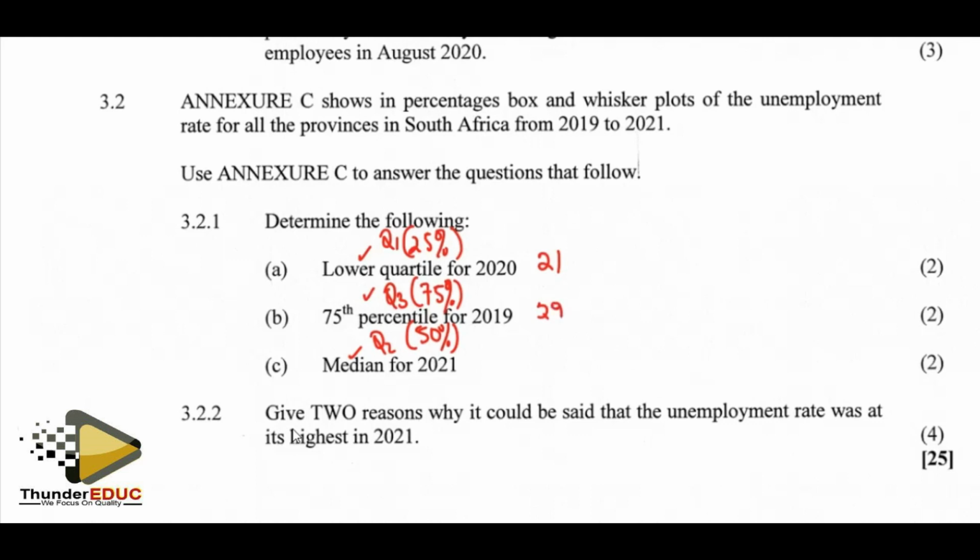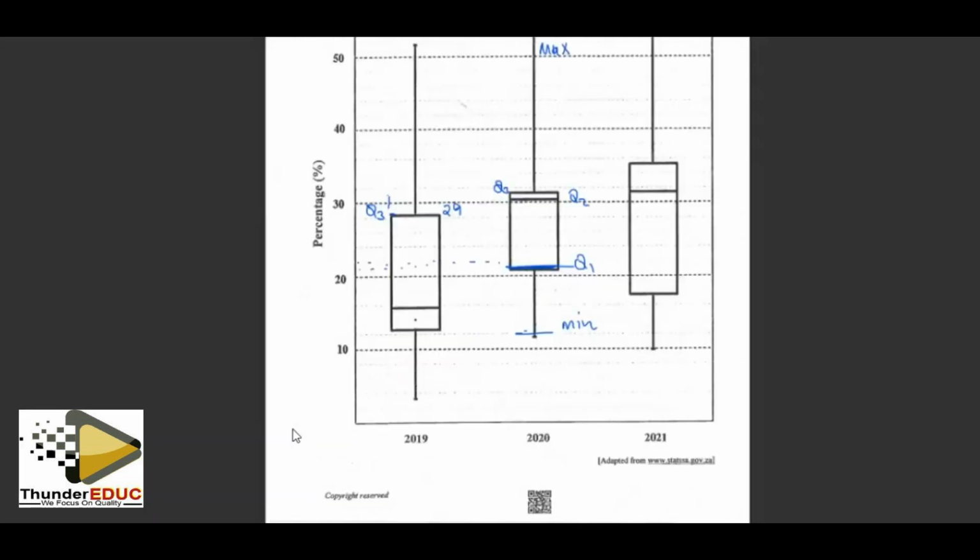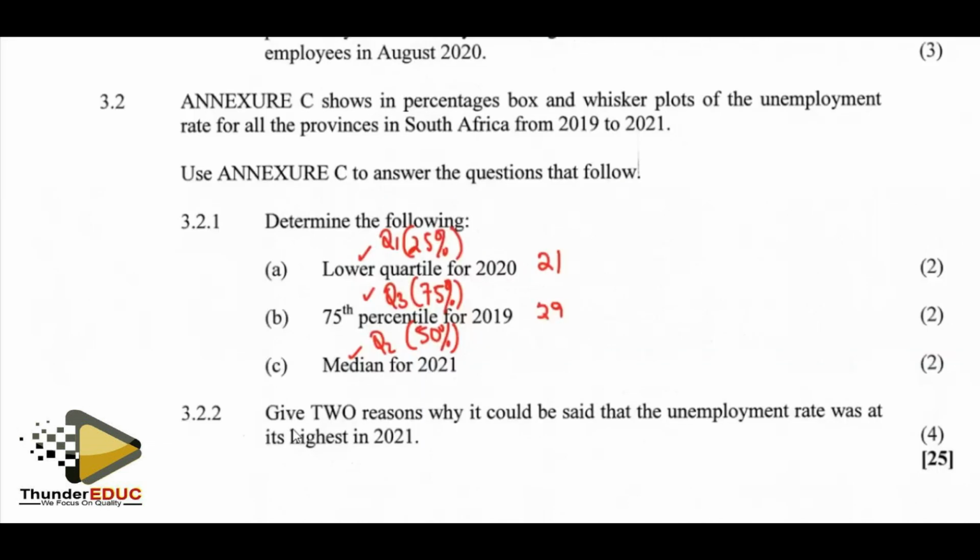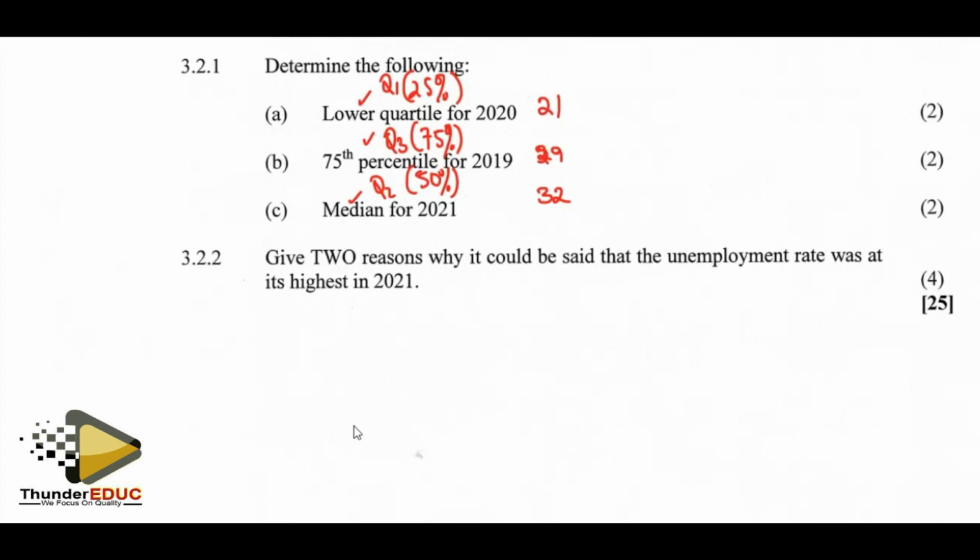Then the median of 2021, median is this middle line here. You see it, probably it's 32 or 31. So this will be 32 or 31. Give two reasons why it would be better said that unemployment rate was at the highest in 2021.